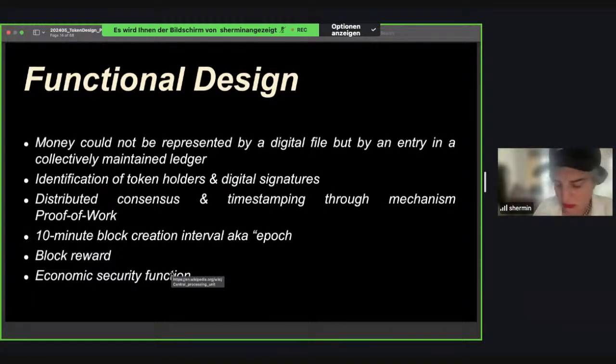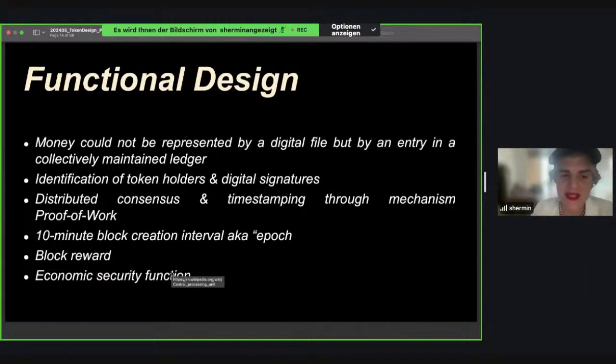The private key is randomly generated, and the public key is derived from the private key, and the blockchain address is derived through mathematical functions based on an algorithm that everyone can download and verify, from the public key. So this is how they distribute the identification function and digital signatures.